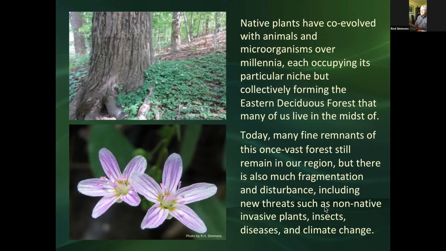Spring beauty on the bottom. You can see the plant-animal interaction there. The stripes on the petals of the flower, those pink stripes, are actually nectar guides for the pollinators to maximize efficiencies in pollinating the plant. And plants and animals, of course, co-evolve together.